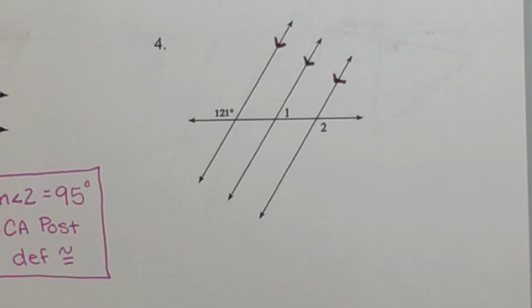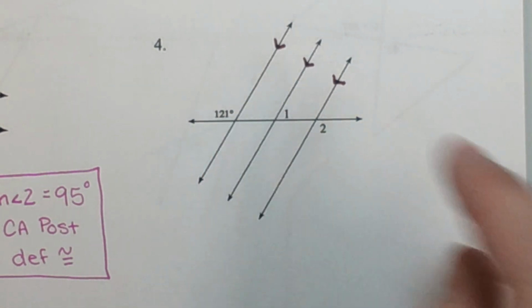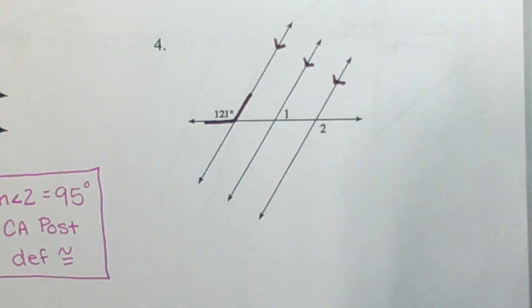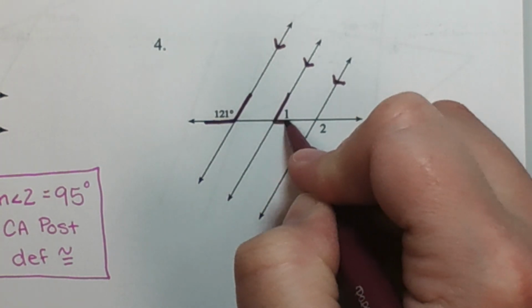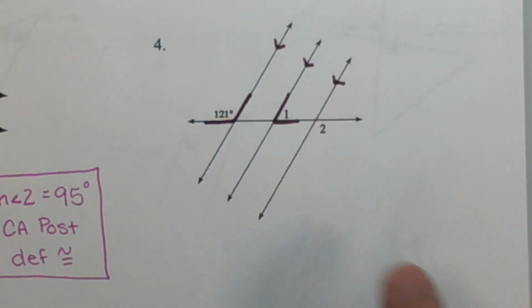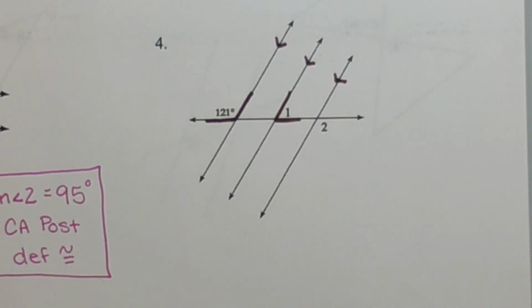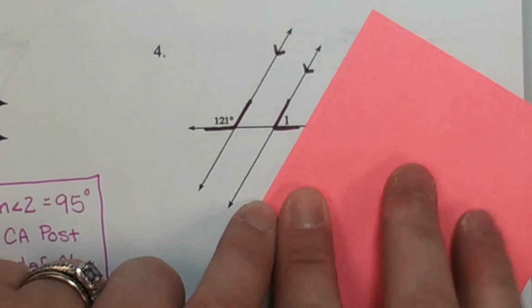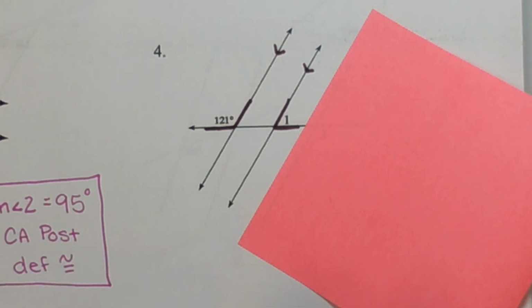So if I want to solve for the measure of angle 1, 121 degrees is this angle. Angle 1 is this angle. This line did not get used, so I'm going to ignore that line. Now, you could just straight up ignore it. I'm going to cover it for the sake of appearances, but you don't want to scribble it out because we're going to need that line later.